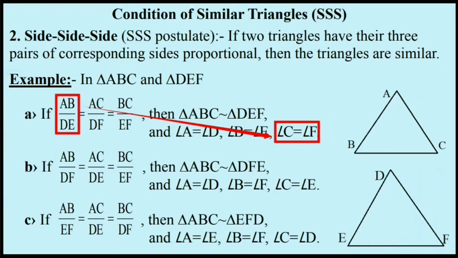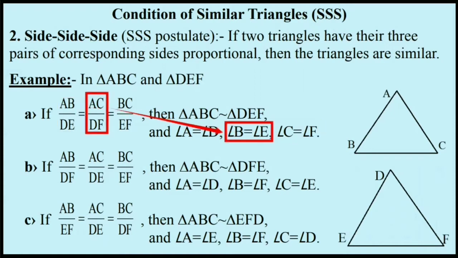Here the sides ratio AB by DE decides that angle C is equal to angle F, because in the ratio side AB has the opposite angle C and side DE has the opposite angle F. Hence angle C and angle F are the corresponding angles for the sides ratio AB by DE.